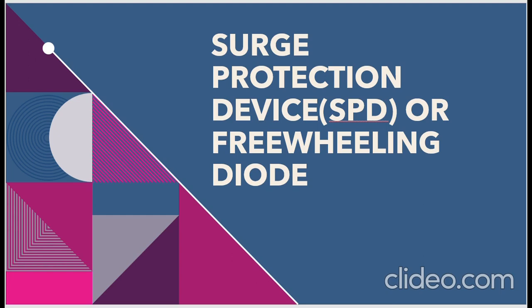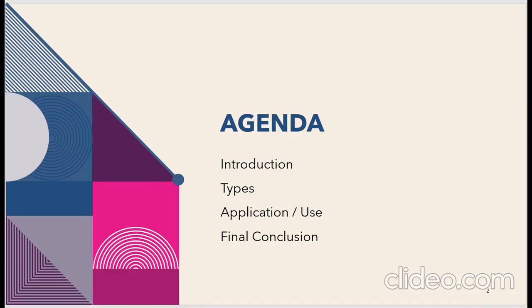So what we will discuss today, let's go further. Our agenda is the introduction. I will give you an introduction about SPD, what actually a surge protection device is. It is also called a surge suppressor device. It dissipates the surge.